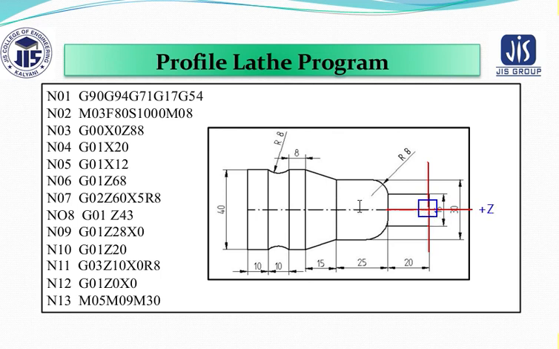If it is going beyond this side, then it is your Z negative. This will give you the depth of cut, and this above side will be your minus X, and this lower portion will be your plus X, so that whenever you are performing the machining operation, from 0, 0 you will be moving in the downward direction.